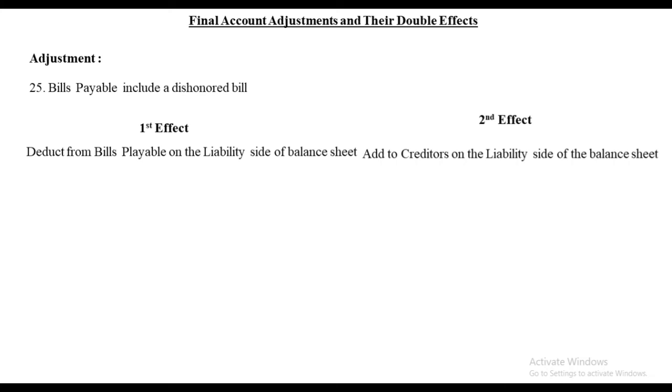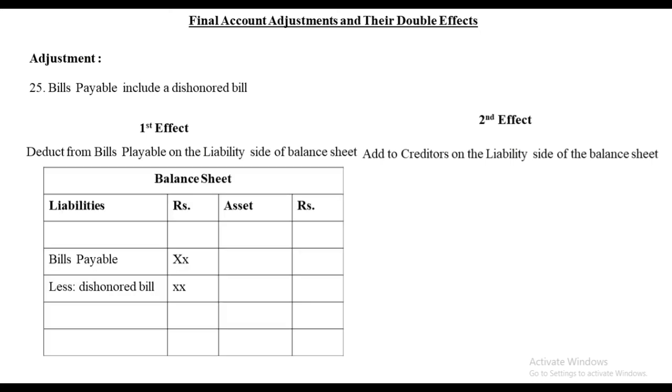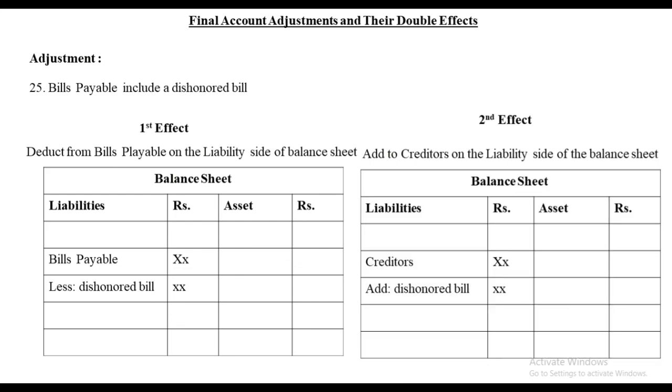So both the effects are on the liability side of the balance sheet itself. So first effect, liability side, bills payable less dishonored bill, and second effect, creditors add dishonored bill. So these were in total 25 important adjustments based on final accounts.